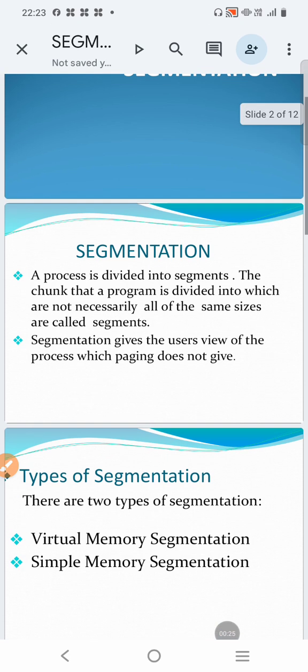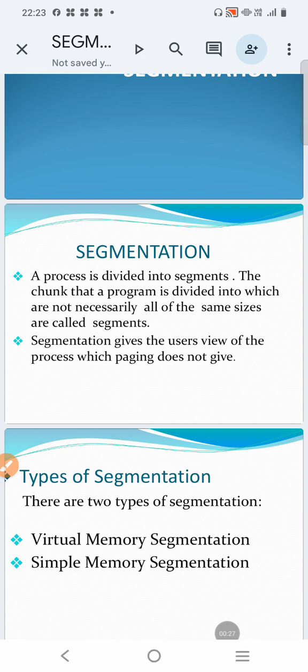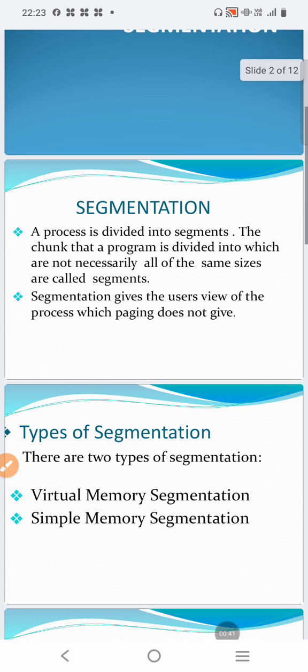So why do we go for paging? Suppose we take one process whose size is 10 GB, and the main memory has only 4 GB available.